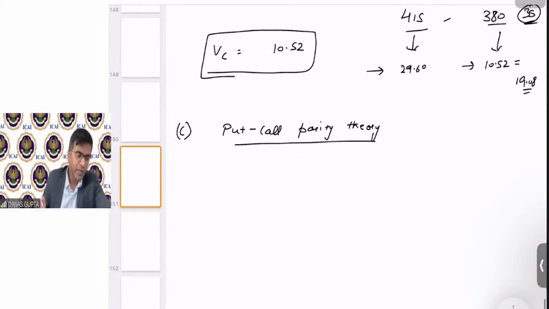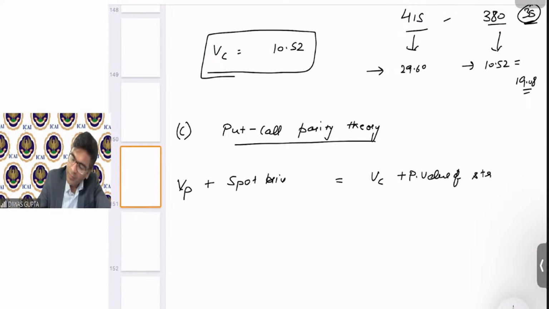Okay. So, using put call parity theory, we know that the value of the put option plus spot price is equal to the value of the call option plus present value of the strike price.